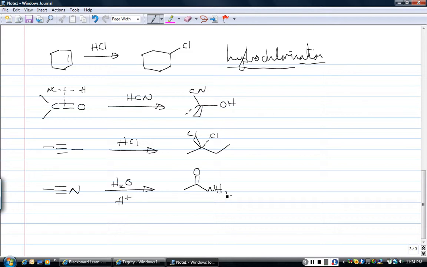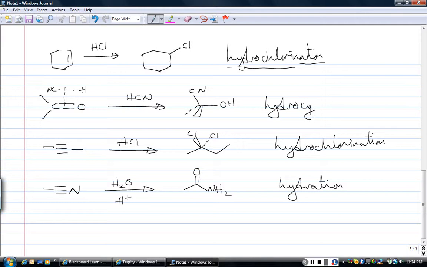And this really overall is a hydration reaction. So this is a hydration. This one is a hydrochlorination, again, although this time I added 2 HCl's, and this one would be a hydrocyanation.